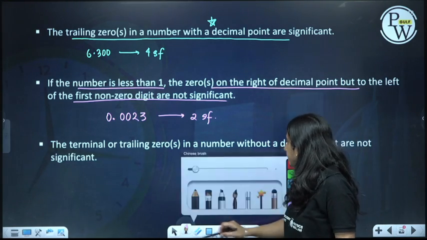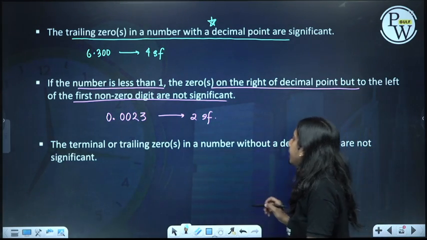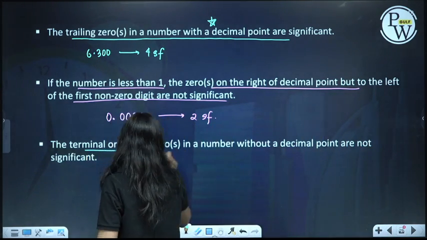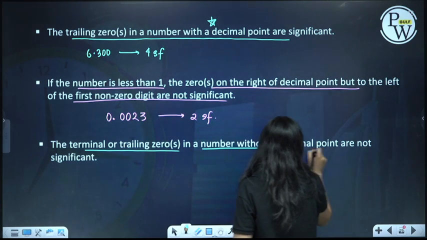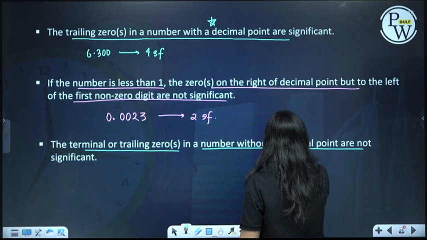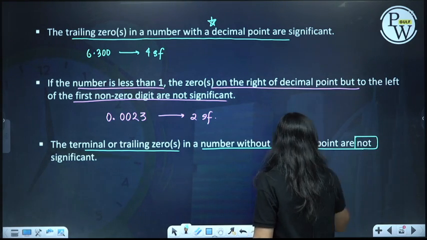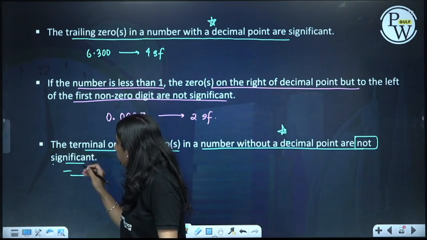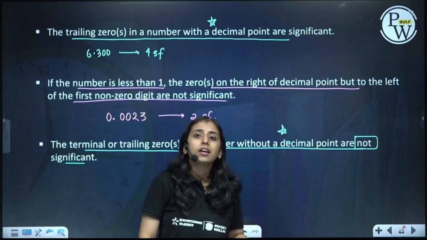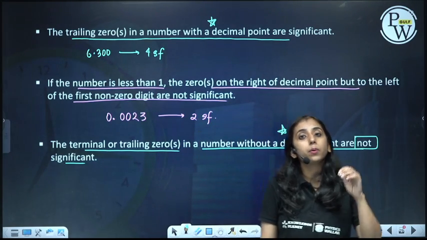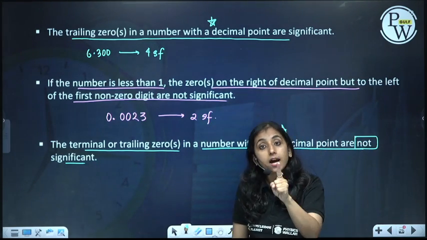Next, the terminal or trailing zeros in a number without a decimal. For terminal zeros, we have two rules. If my number has a decimal point, then the zeros are significant.